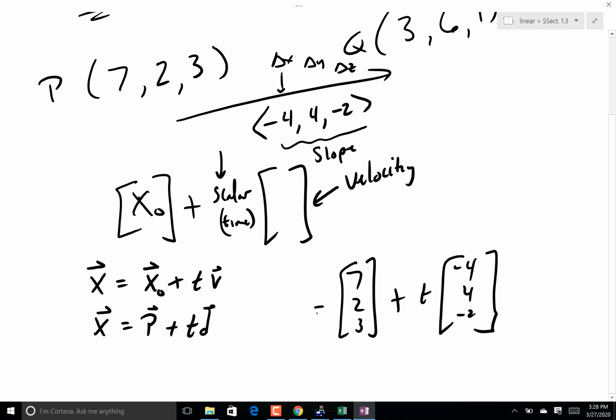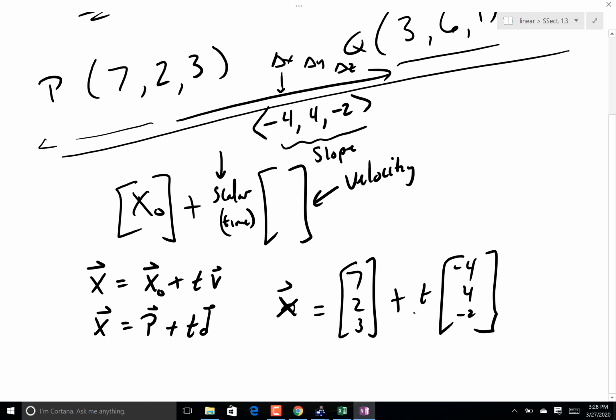And then if you look at it, where am I? When t equals 1, I'm here. When t equals 5, I'm way beyond that point. When t was negative 1, I was back down this direction somewhere. And so that's the idea. This line just keeps going on forever. We can start anywhere, but we'll have the same slope.